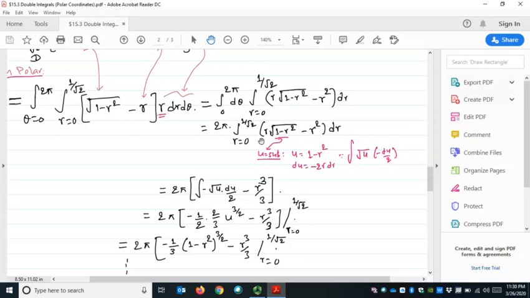Okay, so let's continue. So 2 pi, then the integral of the first term becomes from here minus radical u du over 2, and then this minus r square integral becomes r cubed over 3.